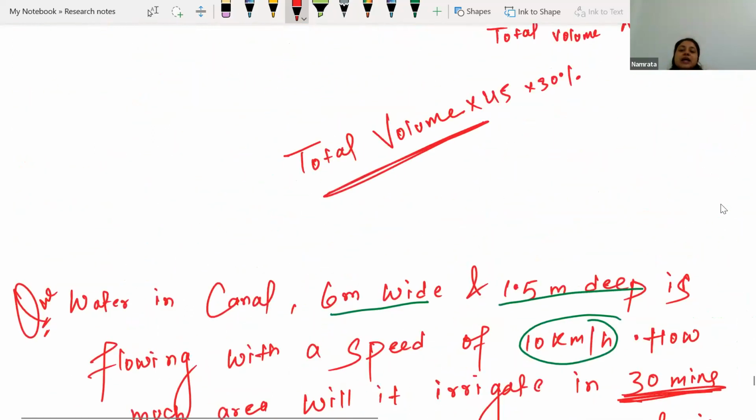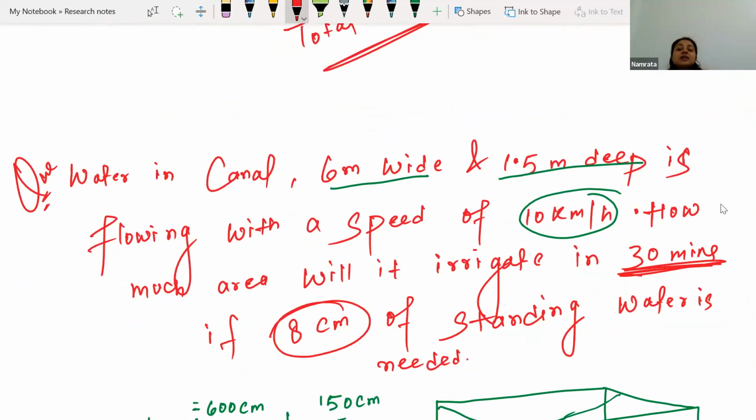Now it says that how much area will it irrigate? That much water which is flowing at the speed of 10 kilometer per hour, that much volume of water will irrigate. How much area will it irrigate? That much volume which was flowing, it will irrigate how much area? If 8 centimeter of standing water has to be there.